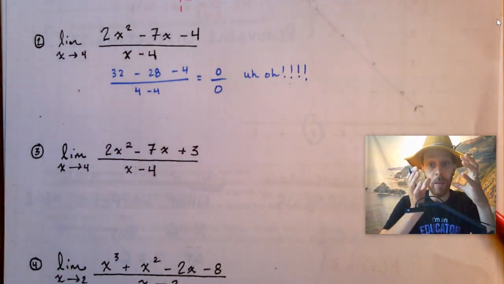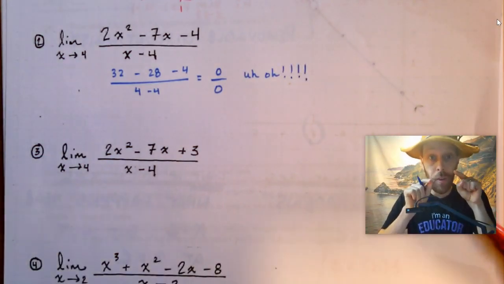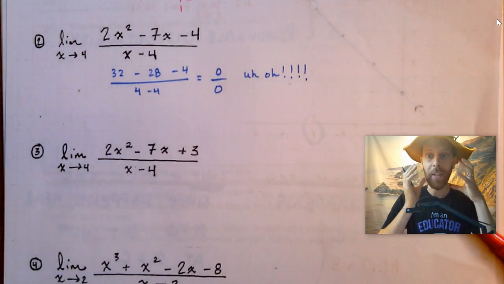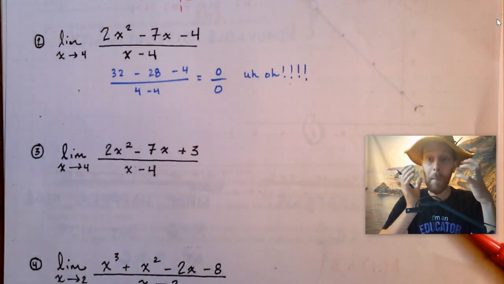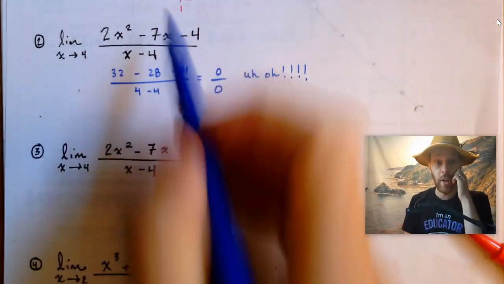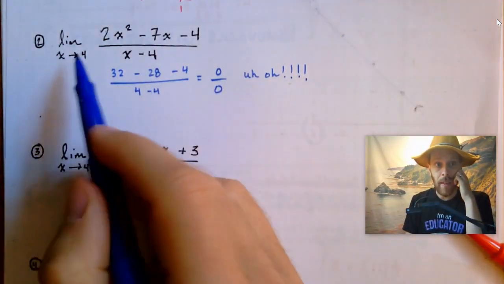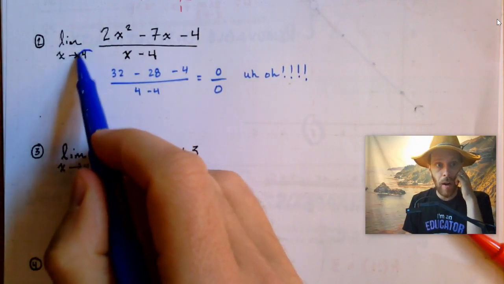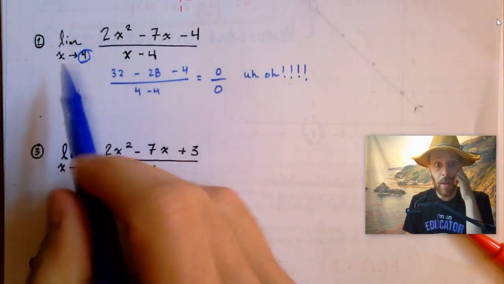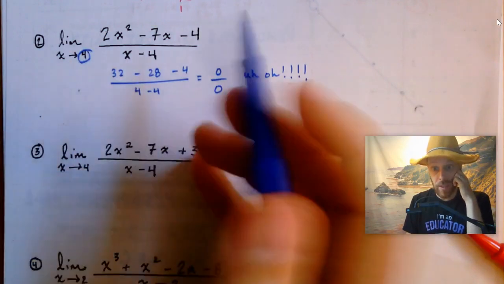Now, if I haven't made it clear before, I'm going to make it clear now. Indeterminate form means we don't know what's going to happen. There might be a limit and there might not. But what we're sure of is that there is something in the denominator that has 4 as a root, right? A root means that when you plug it in, you get 0.